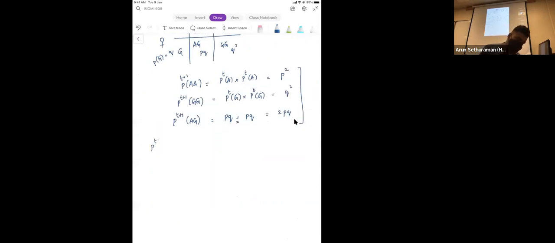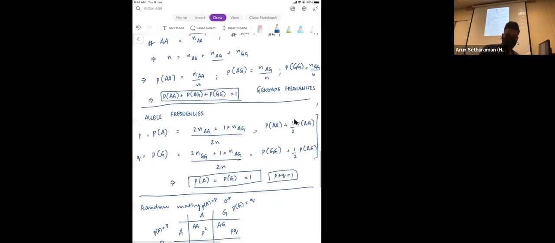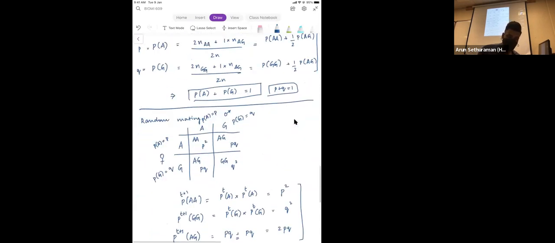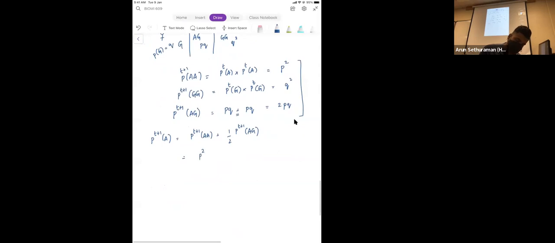So P at t plus 1 of A would just be equal to P at t plus 1 of AA plus 1/2 of P at t plus 1 of AG, right? That's just the same formula that I had up here. I'm just plugging this into my equation. And so if I go ahead and do that, this is just equal to P squared plus 1/2 times 2PQ, right?